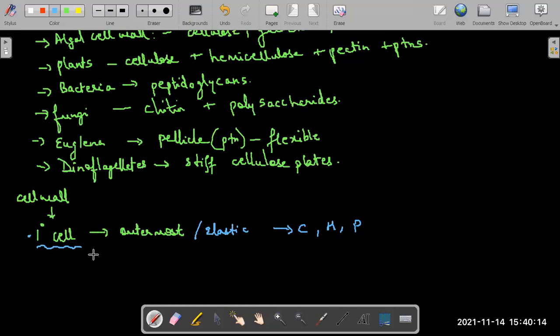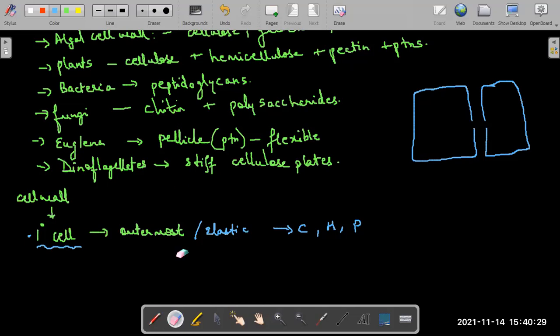Now, you should know what plasmodesmata are in cells. For example, if this is a plant cell, plant cells have plasmodesmatal connections.